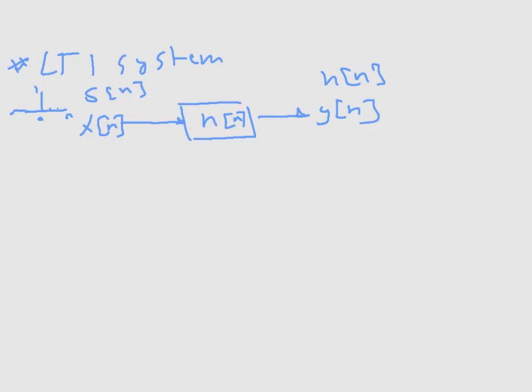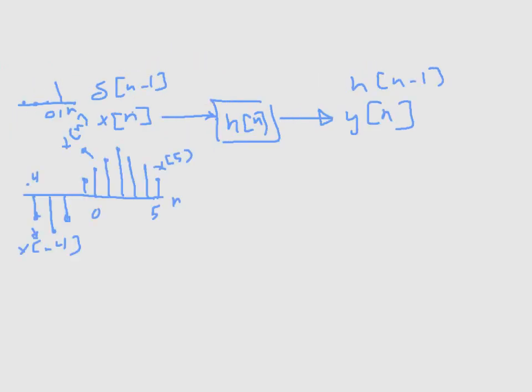That produces the sequence h[n]. If I delay this impulse by one place, delta[n-1], because the system is time invariant, we get the same impulse response, delayed the same amount.